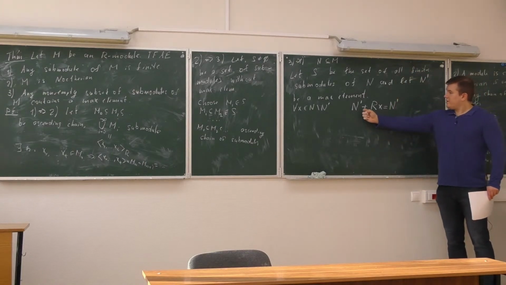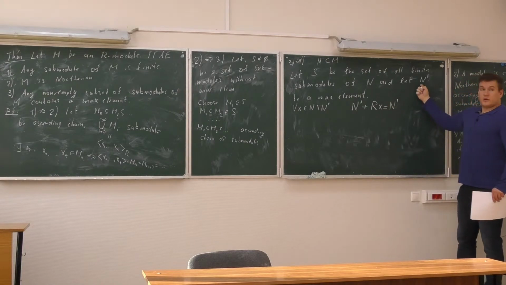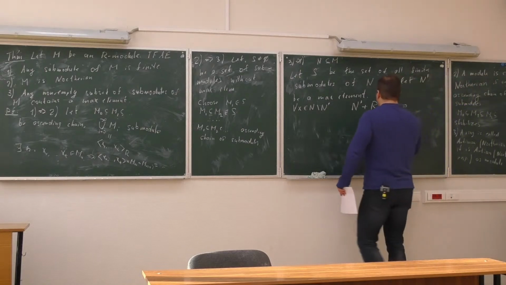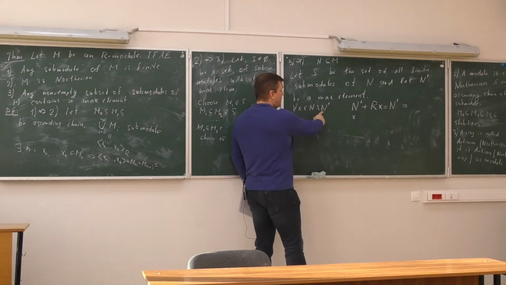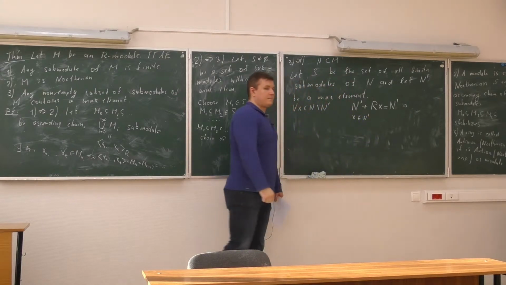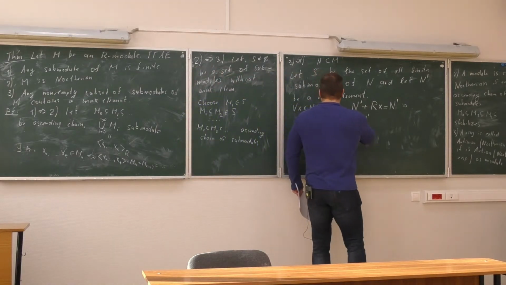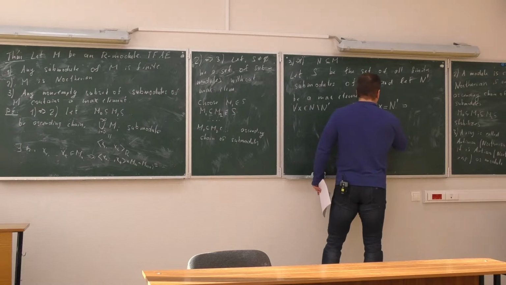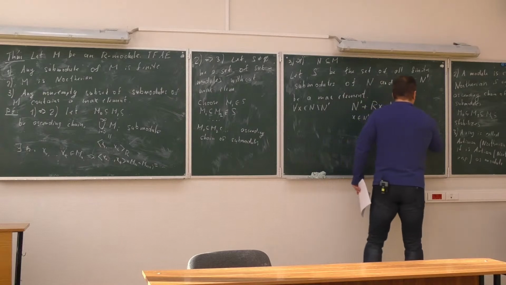This is because if I add submodule Rx, this is still a finite module, and I know that N prime is a maximal element, so it has to coincide with the N prime. But this means exactly that for any such x that I take in the N but not in the N prime, in fact I'll get that the x is in the N prime. But if any x in the N is in the N prime, I can conclude that N prime actually coincides with the N. And this is the end of the proof.